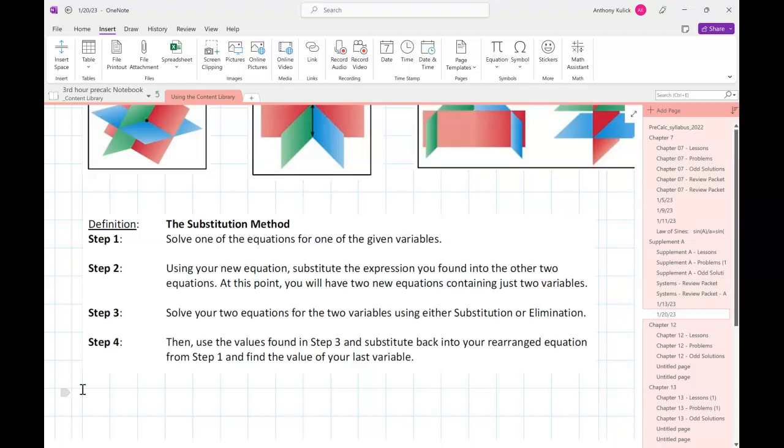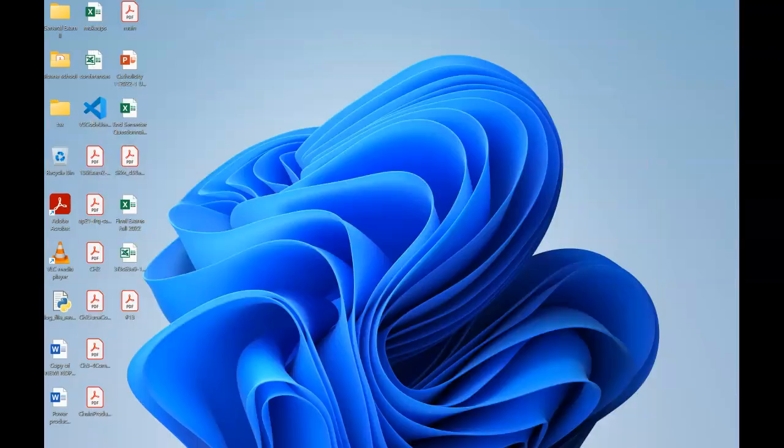Simplify down, so now you'll have two equations in two variables. And then you repeat the process like it was a two-variable problem. So it's just a little bit of extra. Let's do a quick example here so you guys can see that.